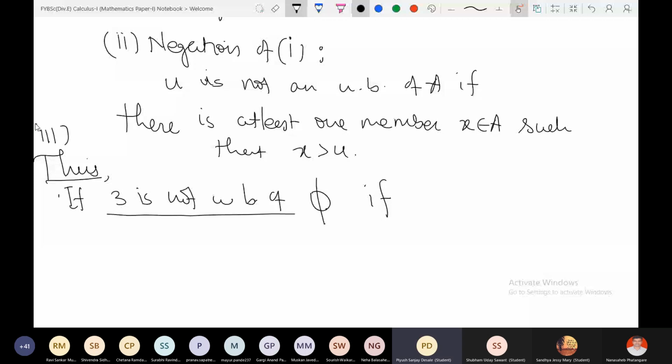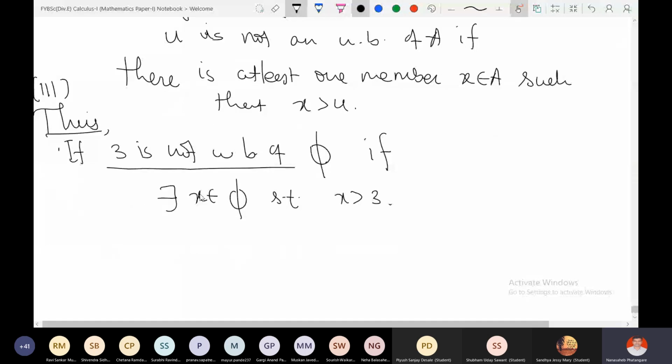3 is less than X. If there exists a member of the set such that X is greater than 3. When we believe that 3 is not an upper bound of the empty set, we must be able to produce one member in the set which is greater than 3.